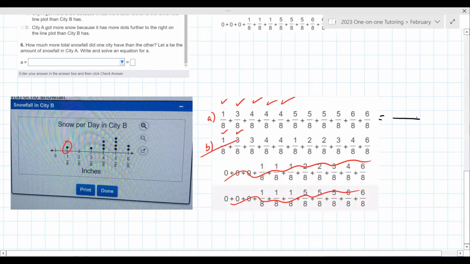We have to add them all up. So go ahead and try adding that up, please.